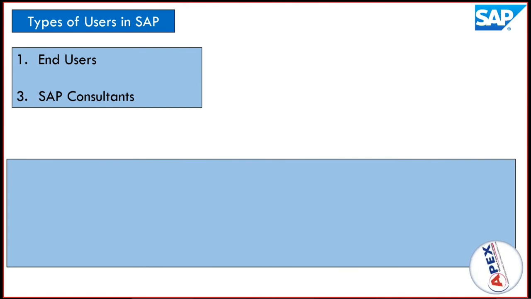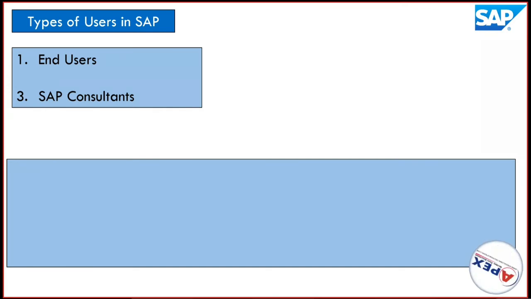He will raise a ticket, a complaint to the SAP consultant, and send the details of whatever problem he is facing, and the SAP consultant will rectify it. I am telling you about support. Implementation, I already told you in the last class. Whenever the industry requires it, the SAP consultant will implement all the SAP.